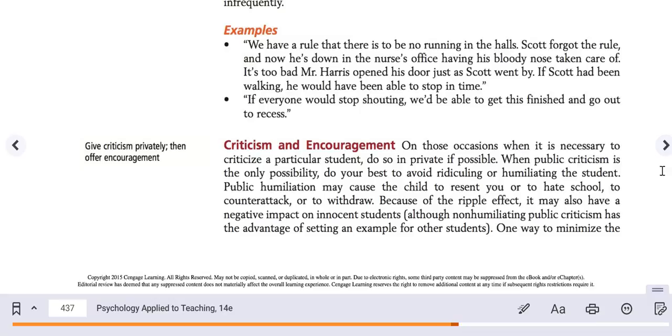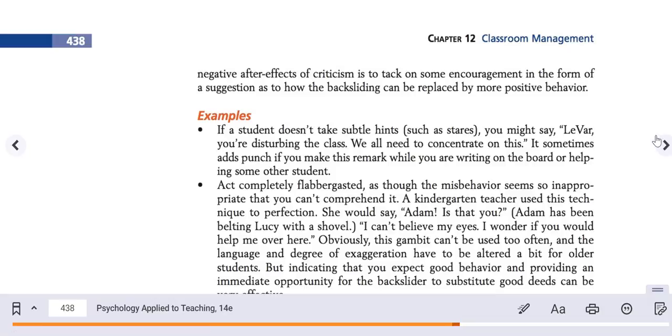Because of the ripple effect, it may also have a negative impact on innocent students, although non-humiliating public criticism has the advantage of setting an example for other students. One way to minimize the negative after effects of criticism is to tack on some encouragement in the form of a suggestion as to how the backsliding can be replaced by more positive behavior.